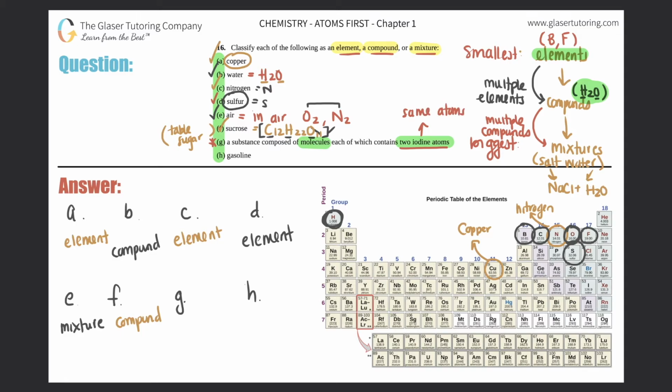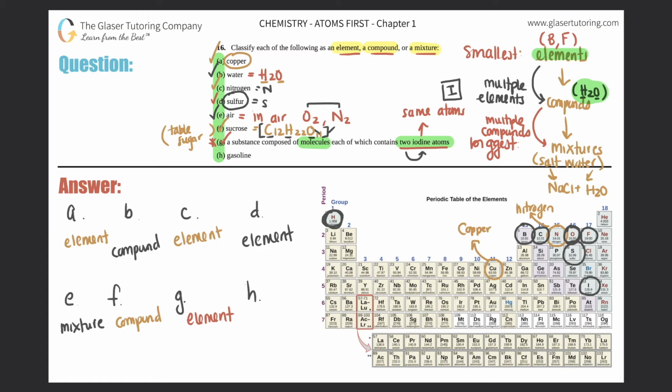An atom, like we said before in the last couple of questions, is a single square or a single block on the periodic table. So here, we're only talking about iodine. So it would just be iodine, which is found over here on the periodic table. So if it's just iodine, it doesn't matter that there's 2 iodine atoms, it's still only iodine, 1 block, so it would be an element. That one was a tricky one.